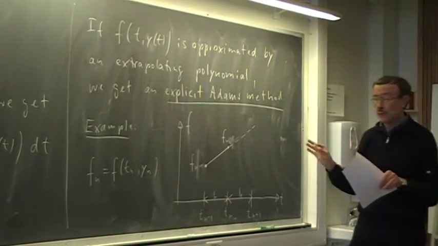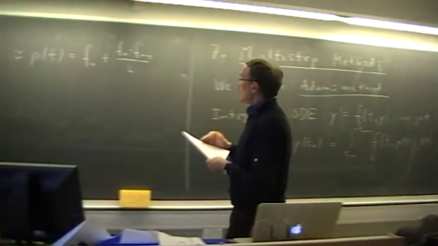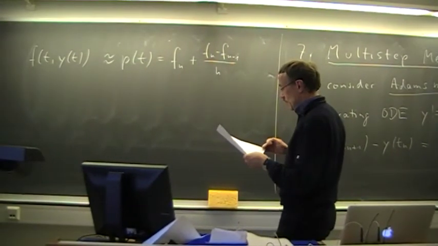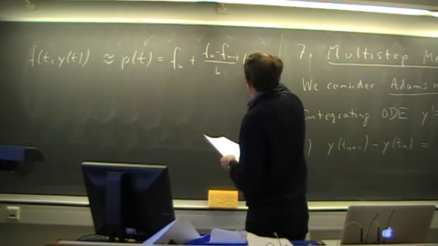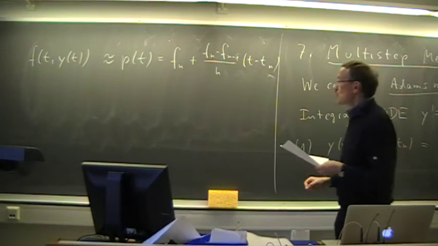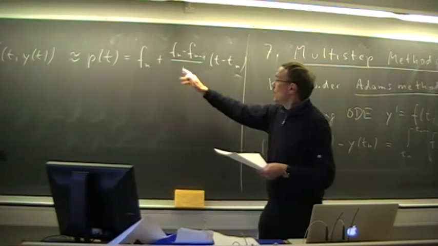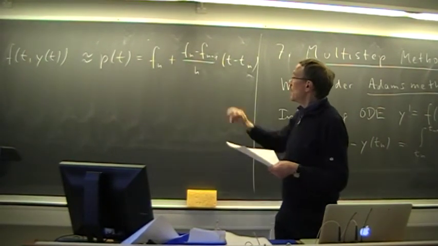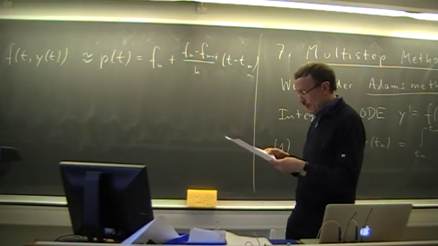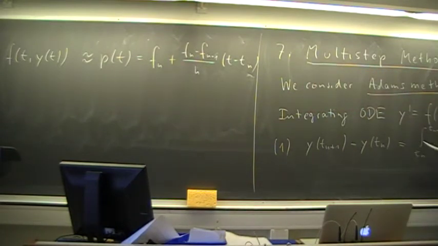We don't allow for changes now, because we need the time level before. And then we multiply by t minus tn. Then we have a first order polynomial. We know that because we know the solution fn and fn minus 1. And then we can evaluate the integral over P of t instead of f.